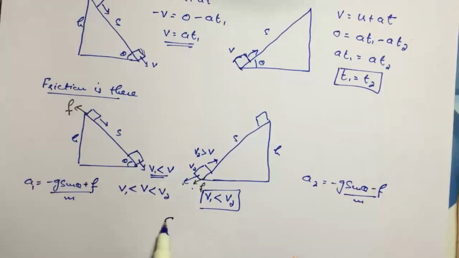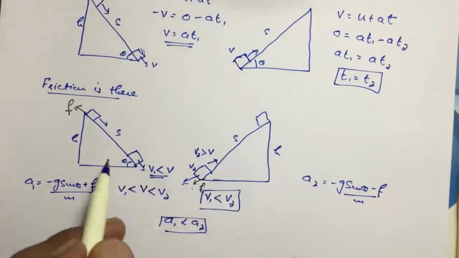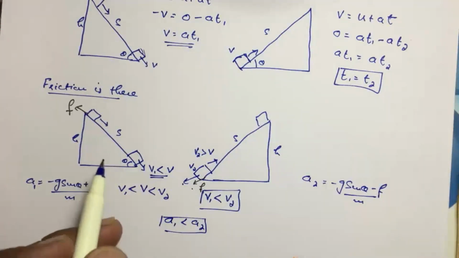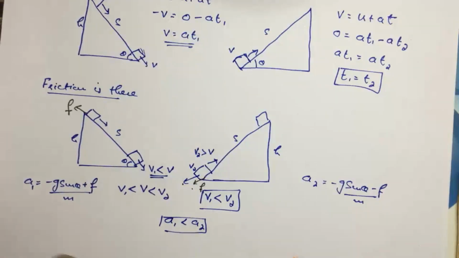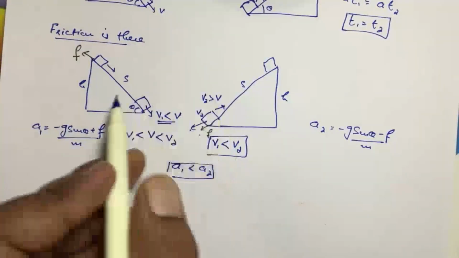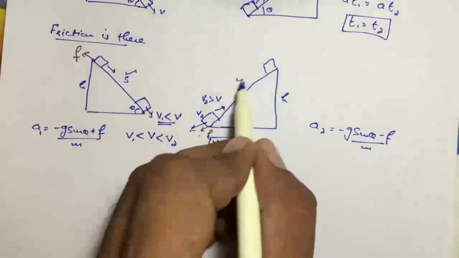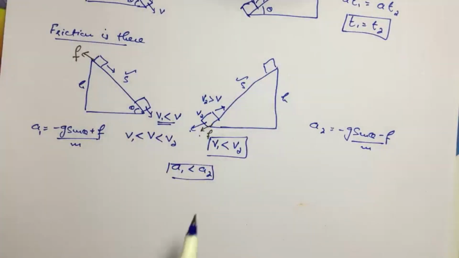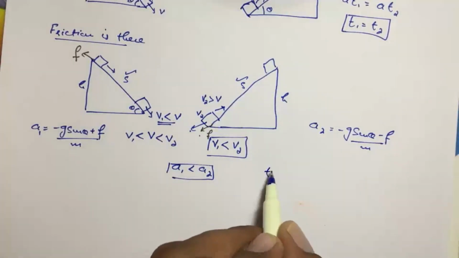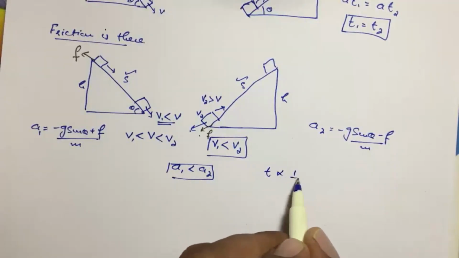So acceleration a1 is less than a2. The accelerations are different and the paths are the same, so for covering the same magnitude of path, time is inversely proportional to acceleration.